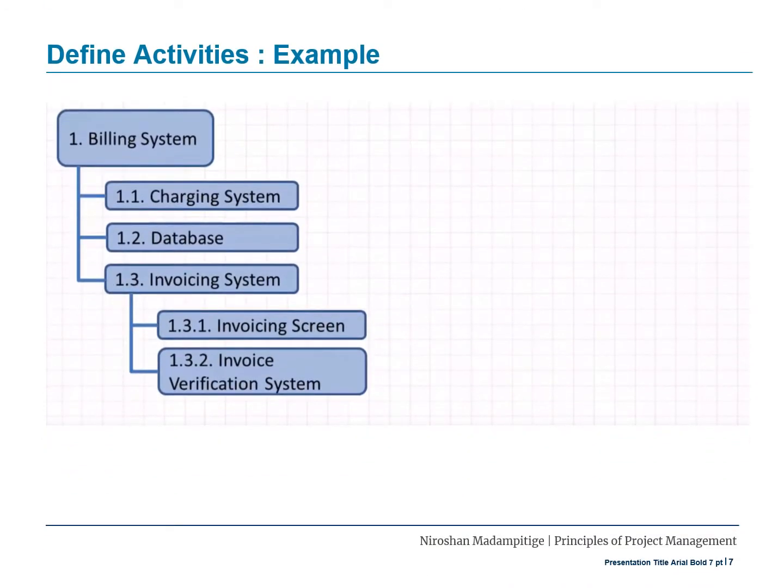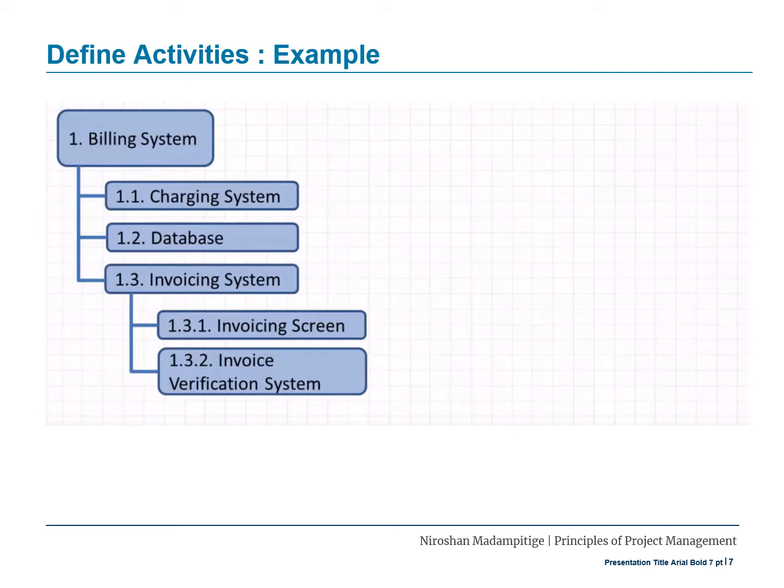Let's look at an example. If you want to create a billing system, you can list down these components or work packages for your system. So you say your product is the billing system, in which you have three major components.